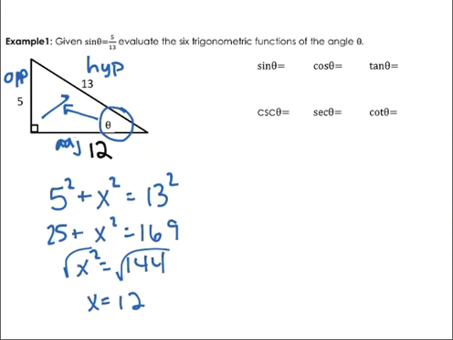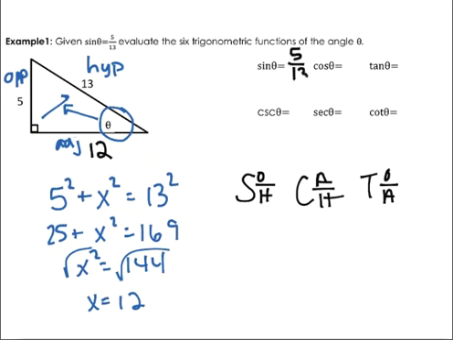Sine is opposite over hypotenuse, and you can remember it's SOHCAHTOA. Sine is opposite over hypotenuse, so the opposite side is 5, and the hypotenuse is 13. Cosine is adjacent over hypotenuse, and tangent is opposite over adjacent.